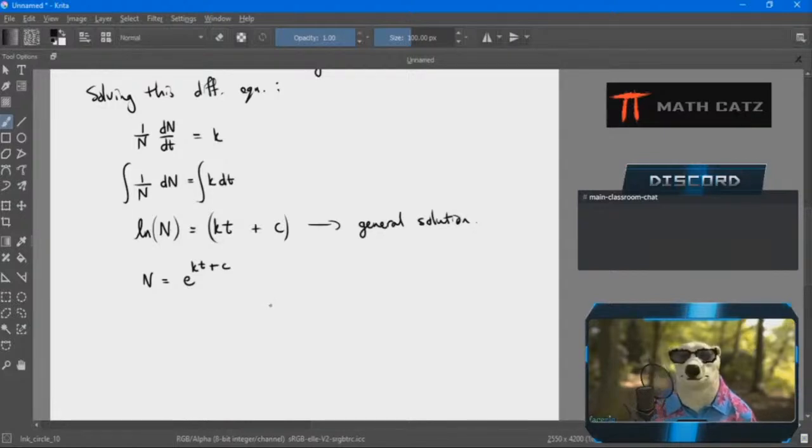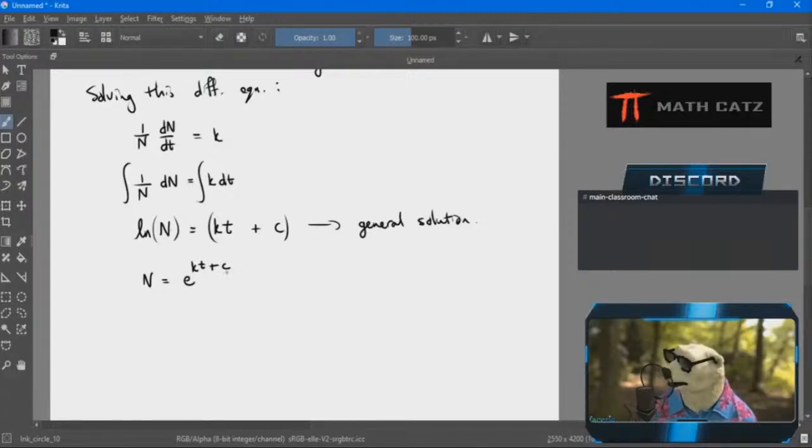So it's very important to understand what these constants are. k is my growth constant, a part of the original problem, and C is my integration constant that comes out of the solving of the differential equation.